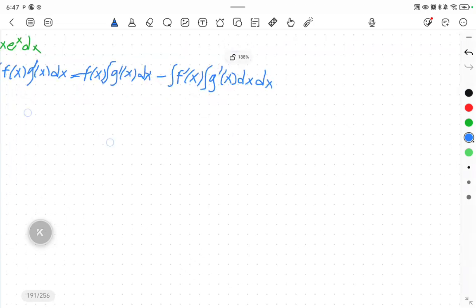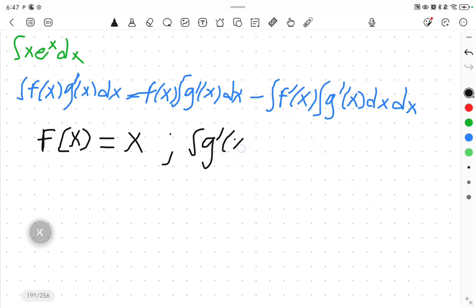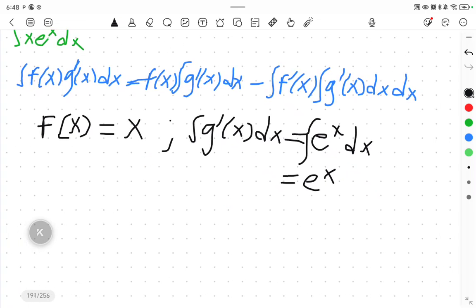So here our f of x is going to be the one that comes first, which is x. You see, right? Then the integral of g prime of x dx will be equal to the integral of e to the x dx, which is equal to e to the x. Remember what I need here: f of x, f prime of x, g of x, g prime of x.